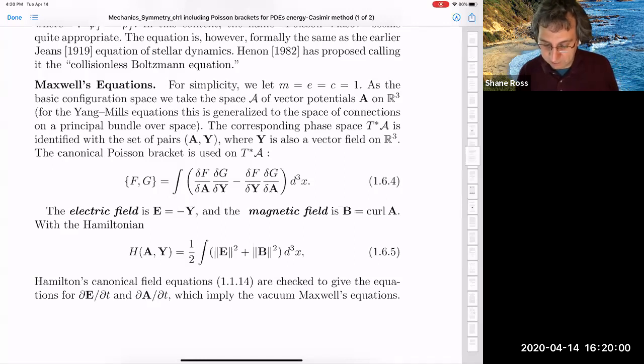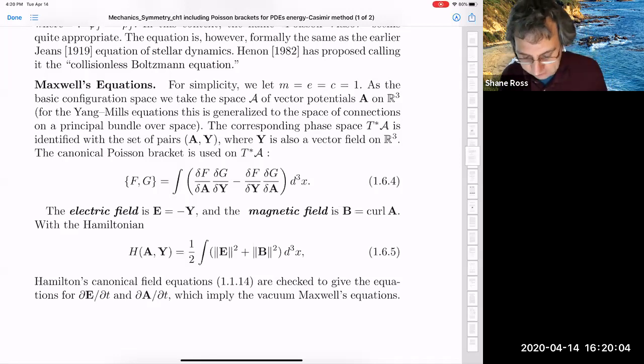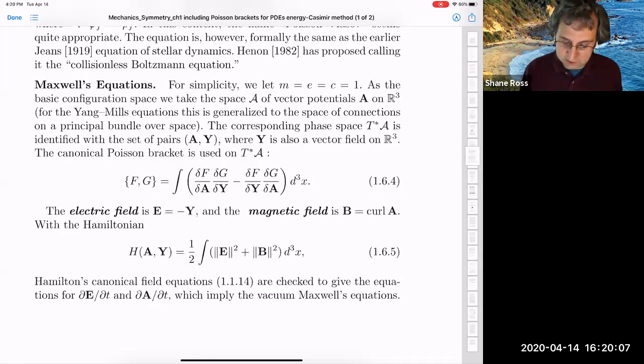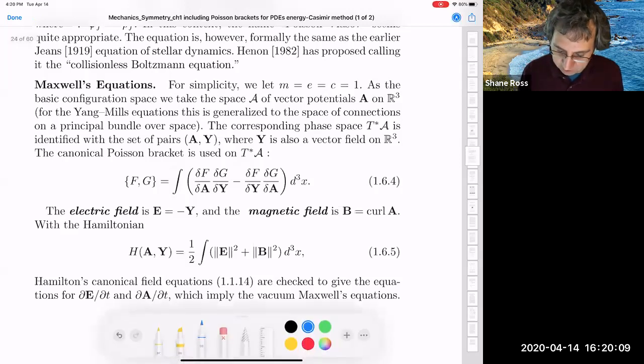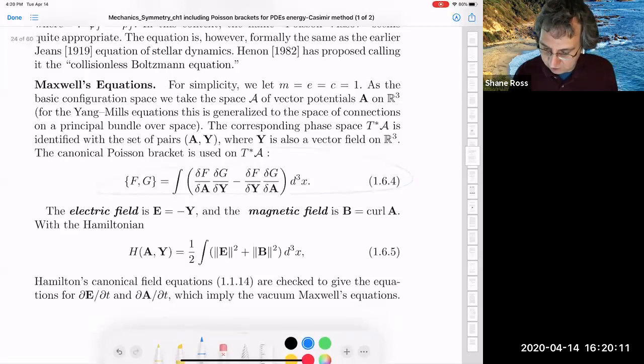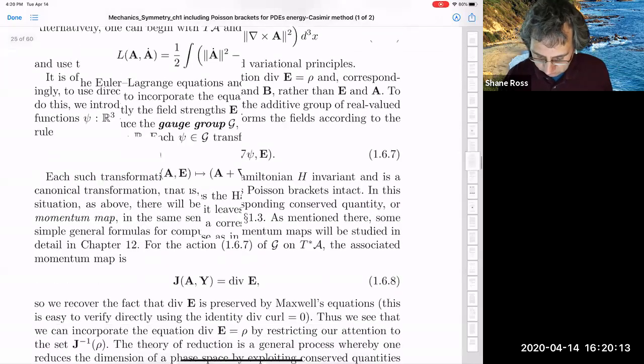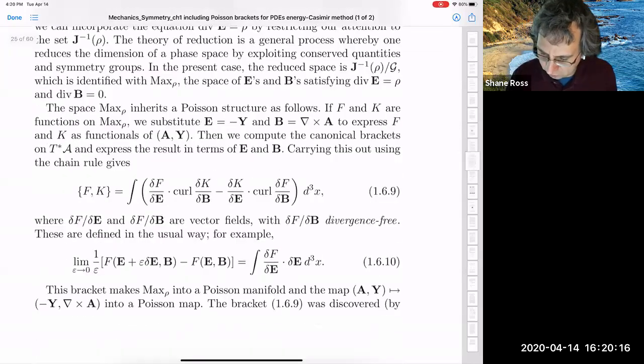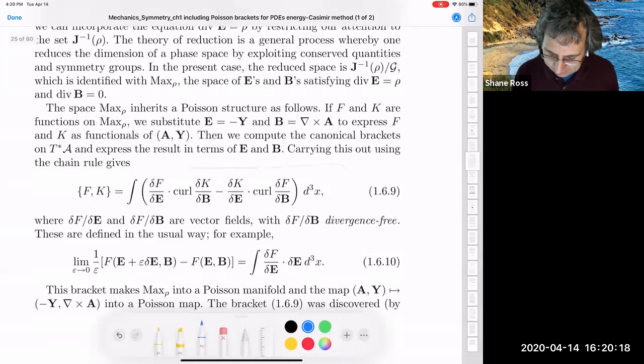Look, it's like 1/2 the magnitude of the electric field squared plus magnetic field squared, with this right here as the Poisson bracket, which I think has some simpler way that it could be written in terms of curls of vector fields. I know these things that look like delta F, delta of a vector, look scary. Yes, they do. But there are ways to write them.